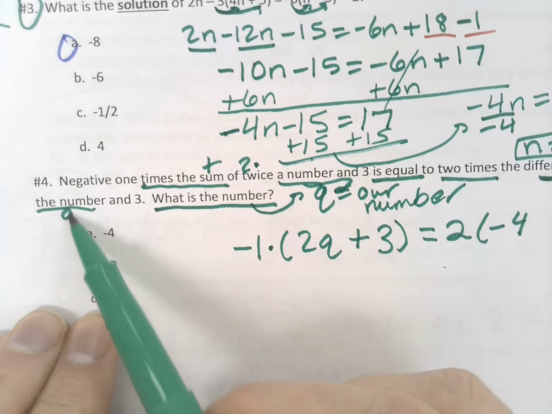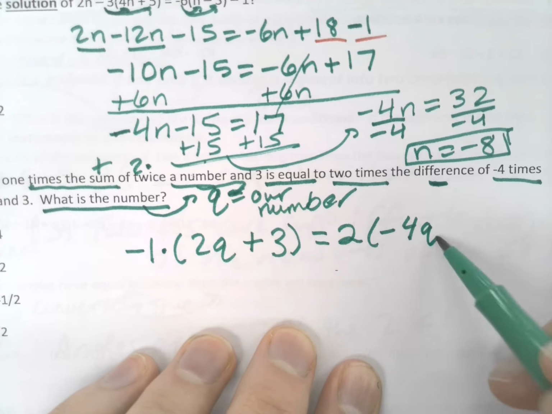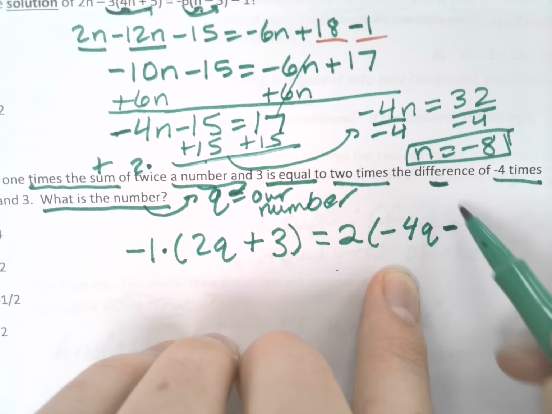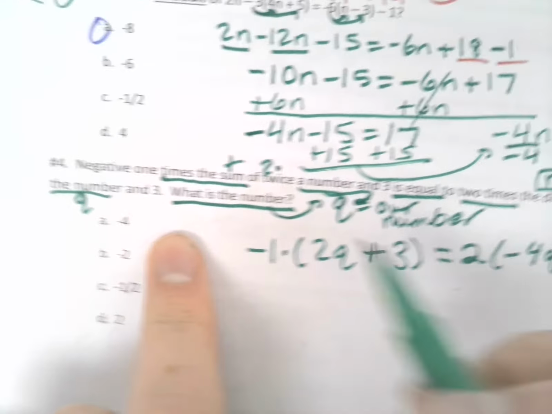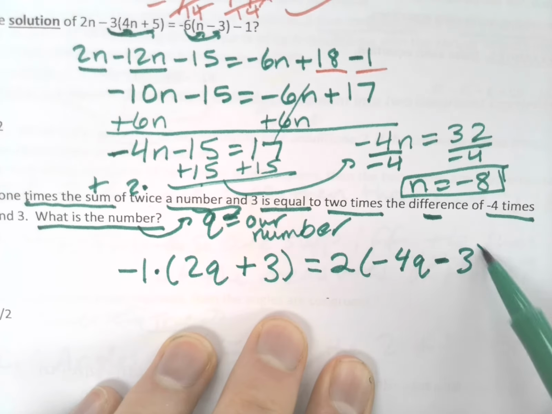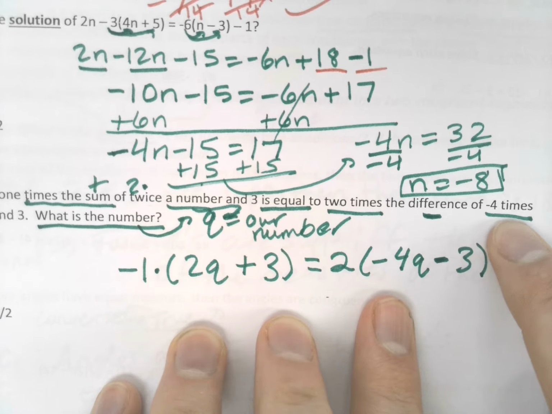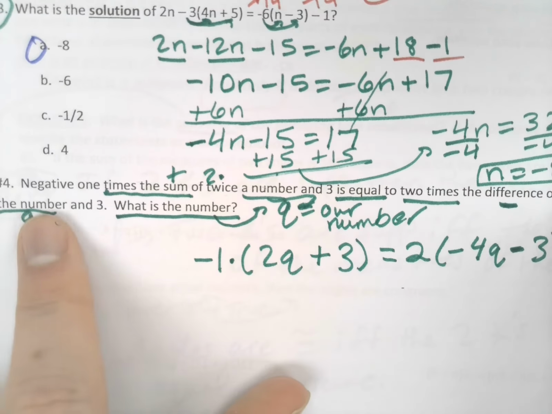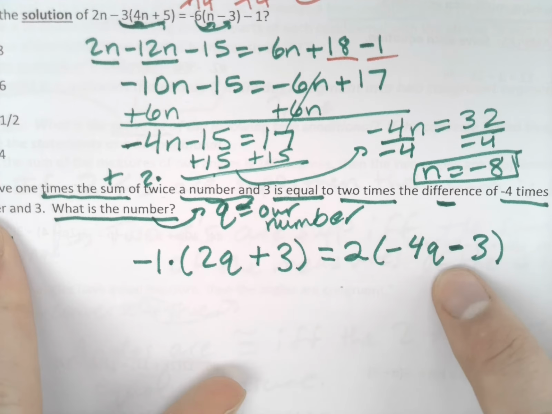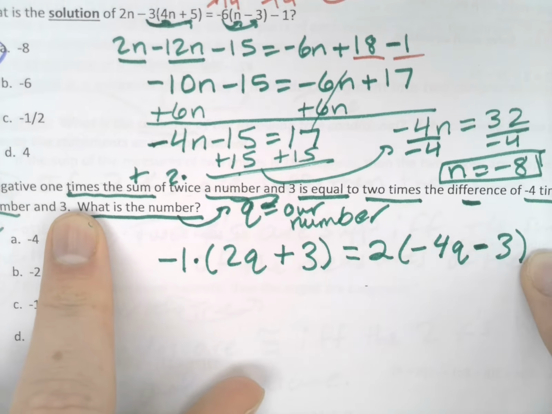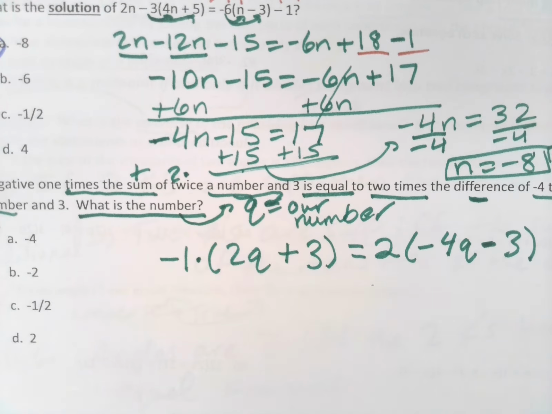There's our number Q again. Negative 4 times Q, and we're subtracting that by 3. So negative 4 times Q, difference minus 3.